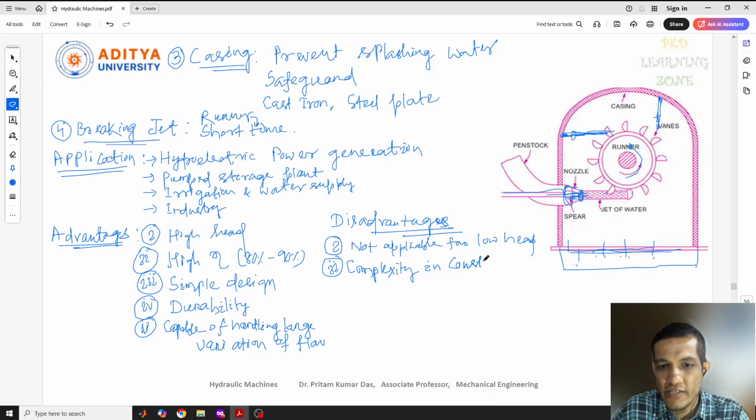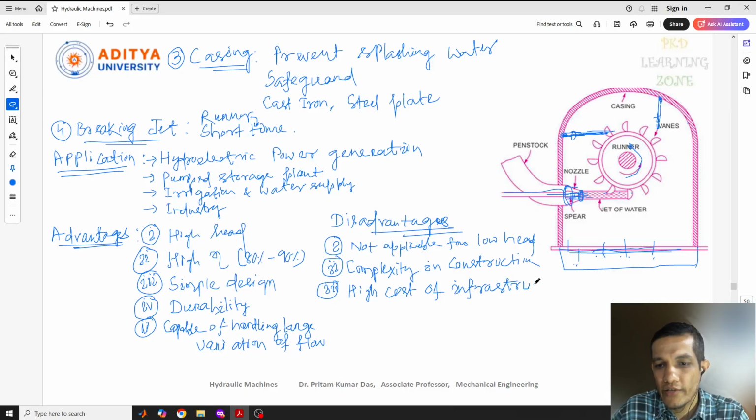The design is simple, but the construction is somewhat complex. Similarly, there is a high cost of infrastructure.